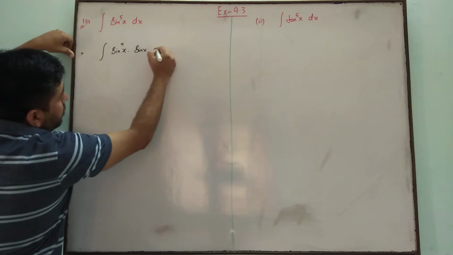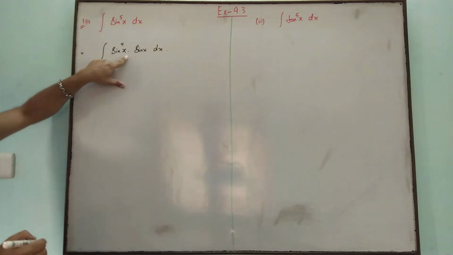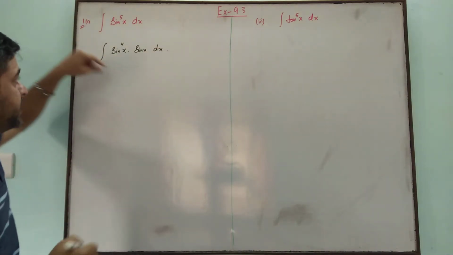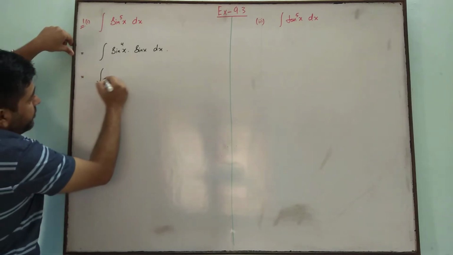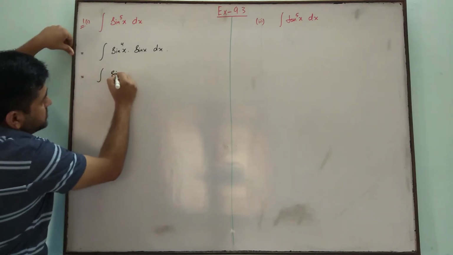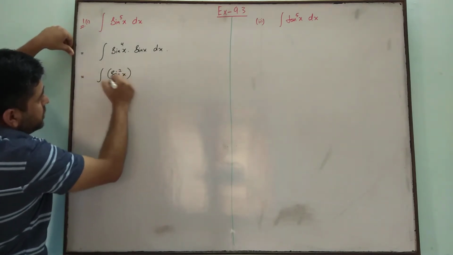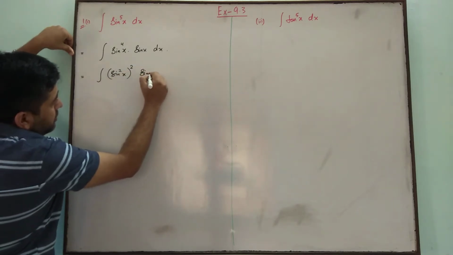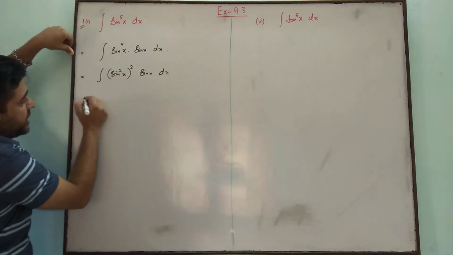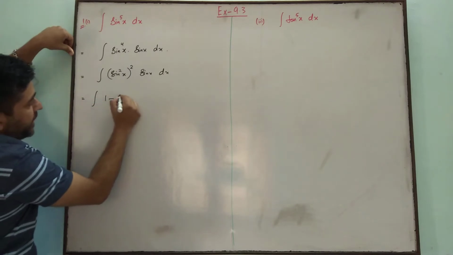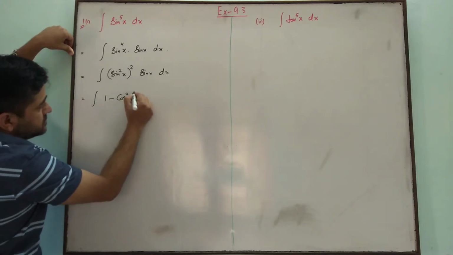And for even powers, we can convert it into cos. Like sine 4, we can write as sine square and its whole square, and sine square we can convert to 1 minus cos square x.